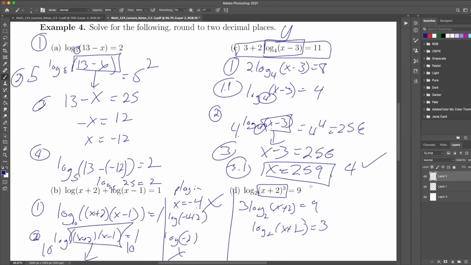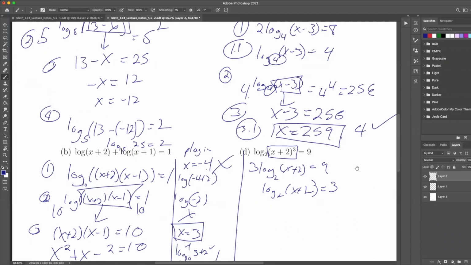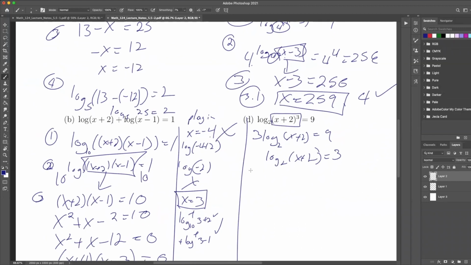So this is one of the cute little tricks I just wanted to show you. Here, we're going to take, so this is step 1. So step 2, I'm going to exponentiate both sides of this to what power? What power am I exponentiating to? For B? 2. Yeah, 2 is correct. And so here I have 2 to the log base 2 of x plus 2 equals 2 to the third power.